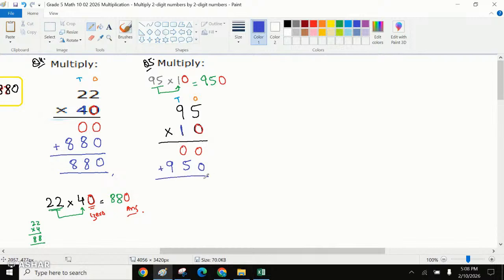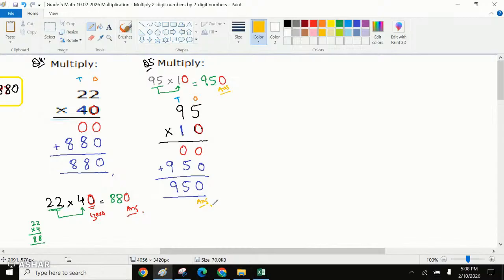When we add them together, we get 950, the same answer as over here. For the numbers ending with a 0, we always do direct multiplication, okay?